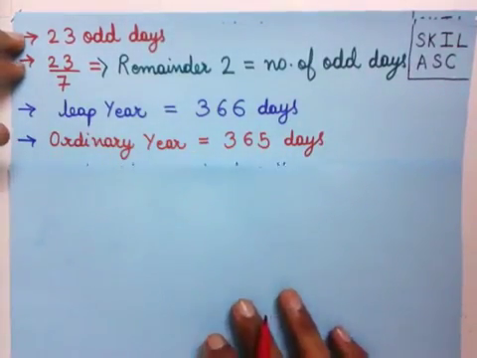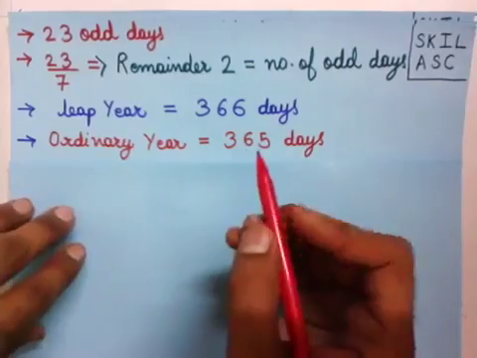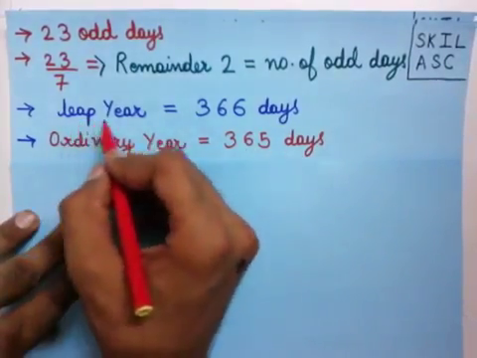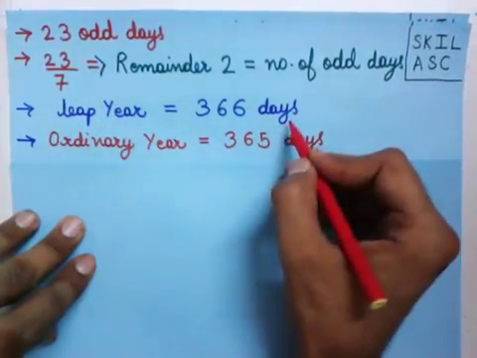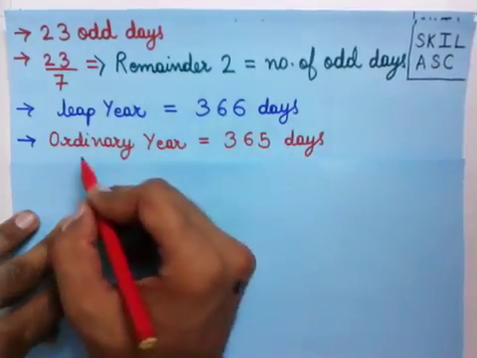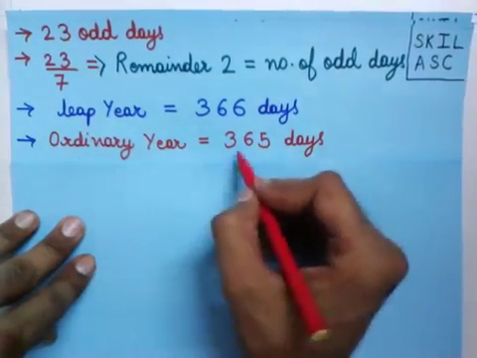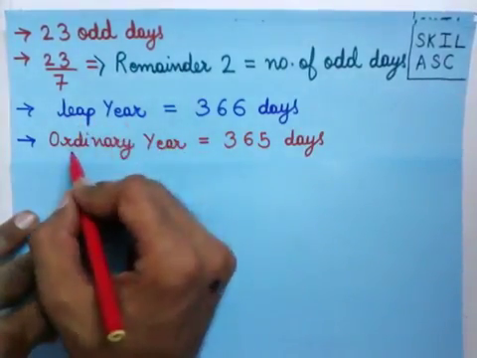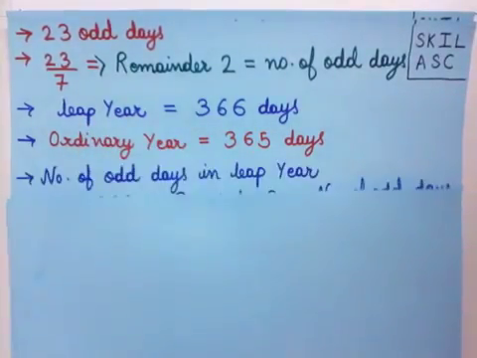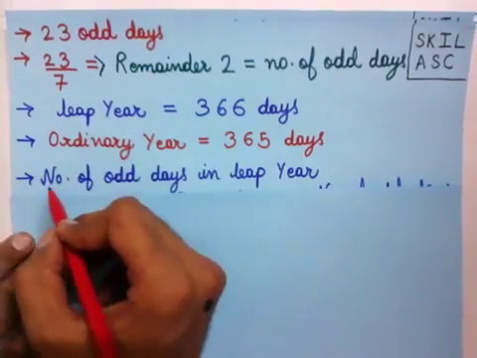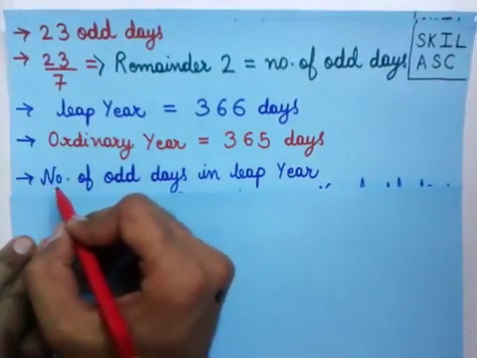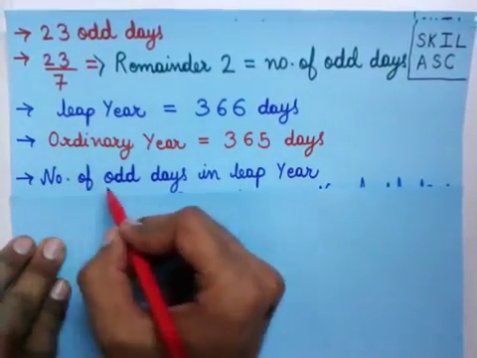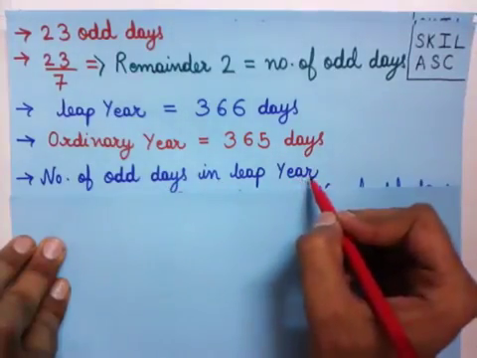Now the next thing, you must remember that a leap year has 366 days and an ordinary year has 365 days. A year which is not a leap year is called an ordinary year. Now we will find the number of odd days in a leap year.